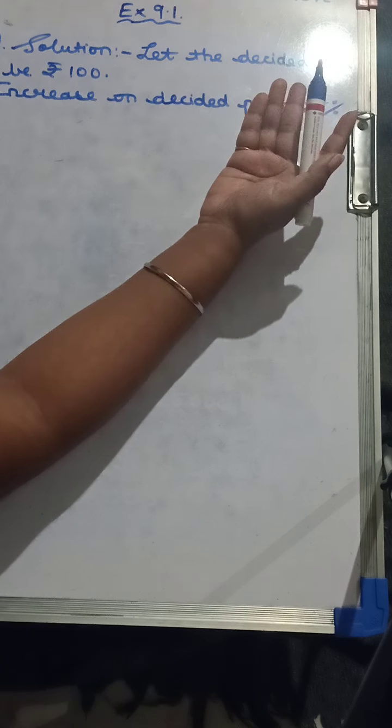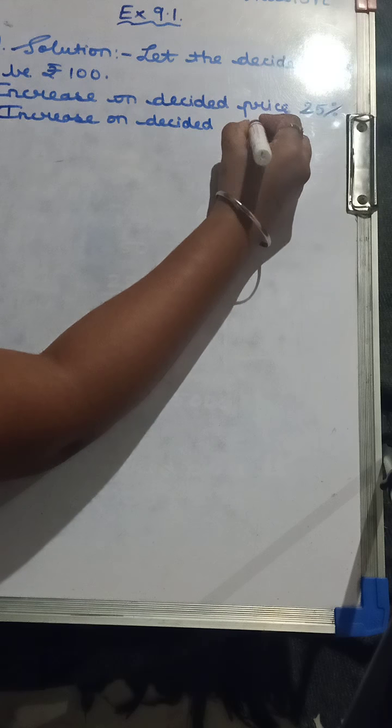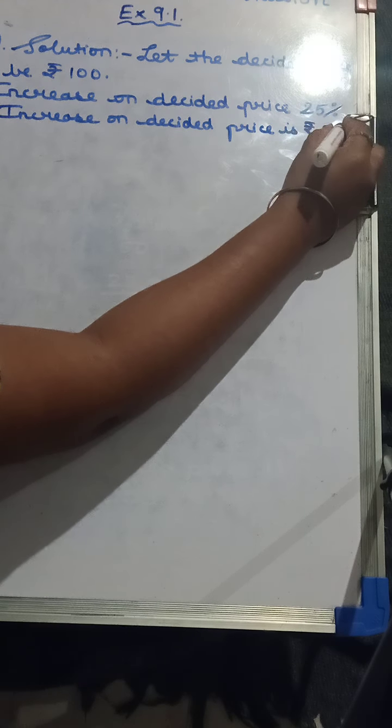But while comparing, we need both in rupees. So because we need it in rupees, we are going to take it as increase on decided price is rupees 25. So instead of 25%, we are going to take it as 25 rupees. So what will be our mark price?